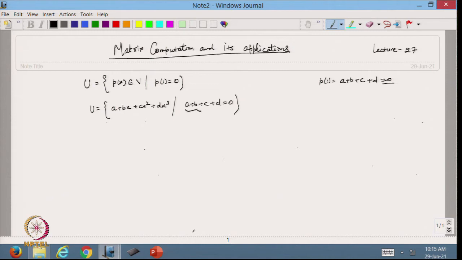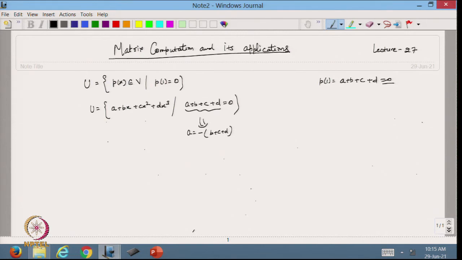Now, from this condition, because there are 4 variables and only one condition, I can write a as minus of b plus c plus d.